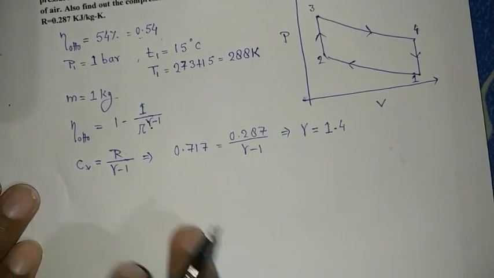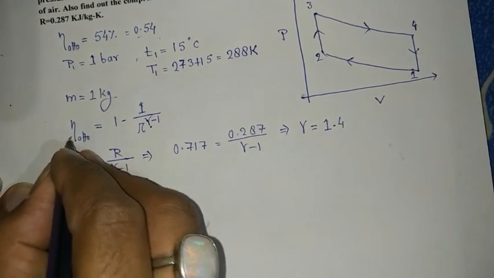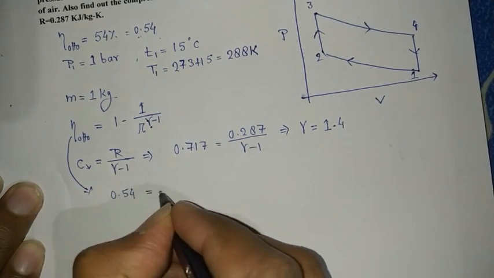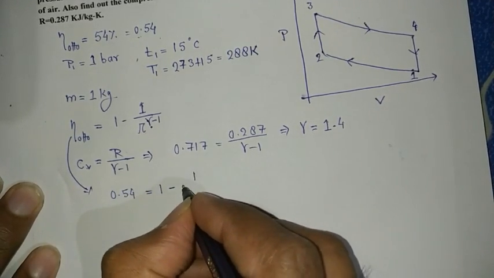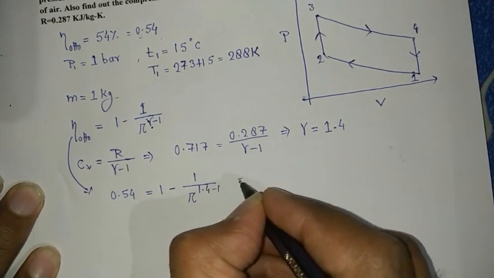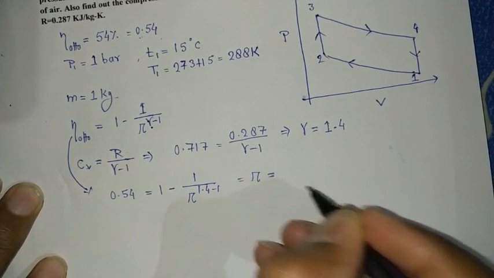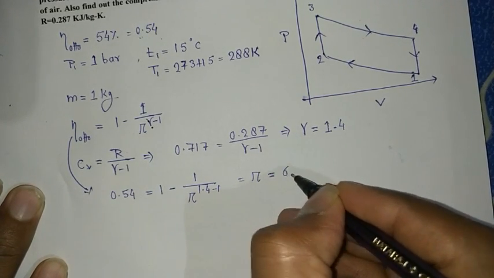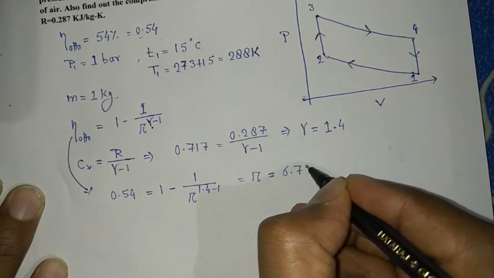Okay, so we can put it in this equation: 0.54 is equal to 1 minus 1 over r to the power 1.4 minus 1. From here, r is equal to 6.707.